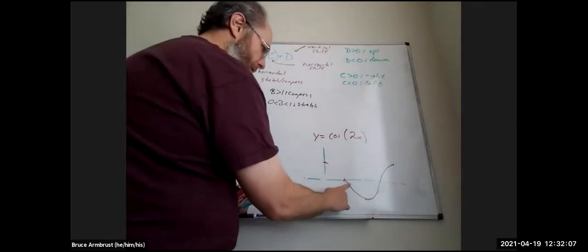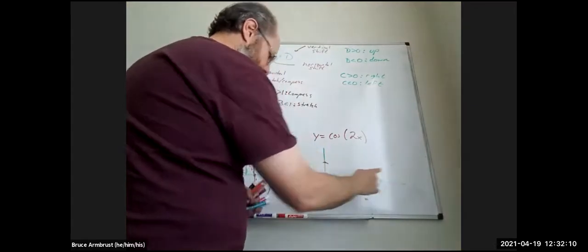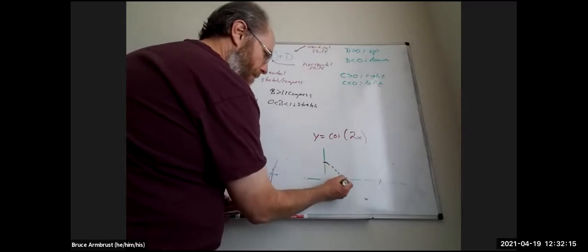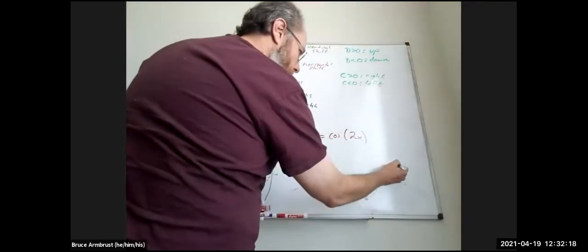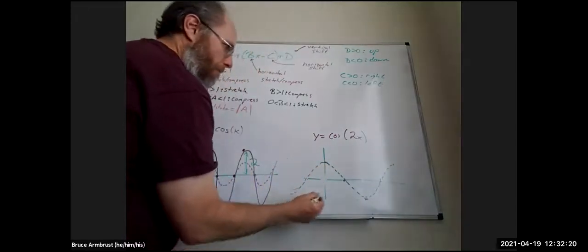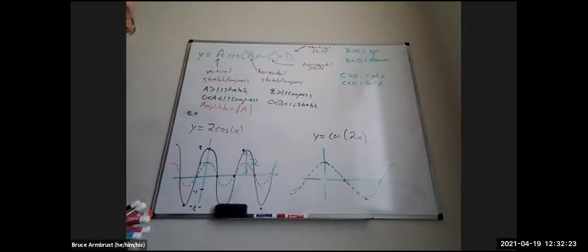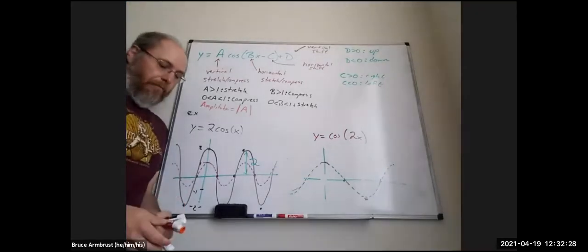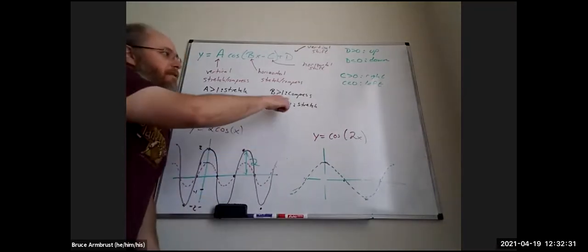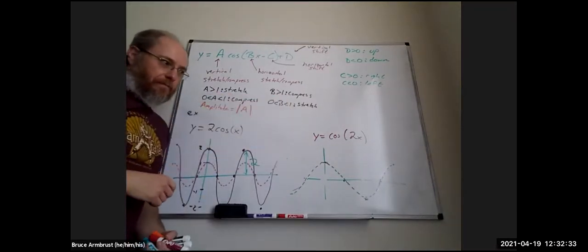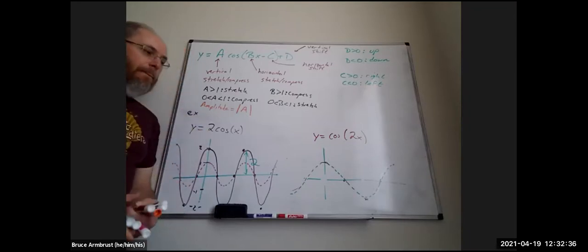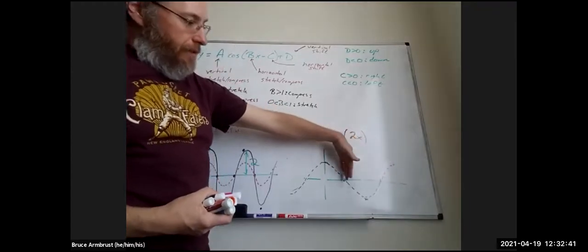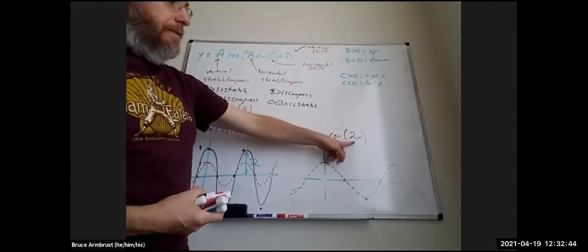Hold on a second. I meant to do that in a different color. Okay, so there's regular old cosine. So now let's think about what happens with cosine of 2x. So this is a horizontal compression, meaning the points that we have out here have to get brought in closer to the axis by a factor of 2.